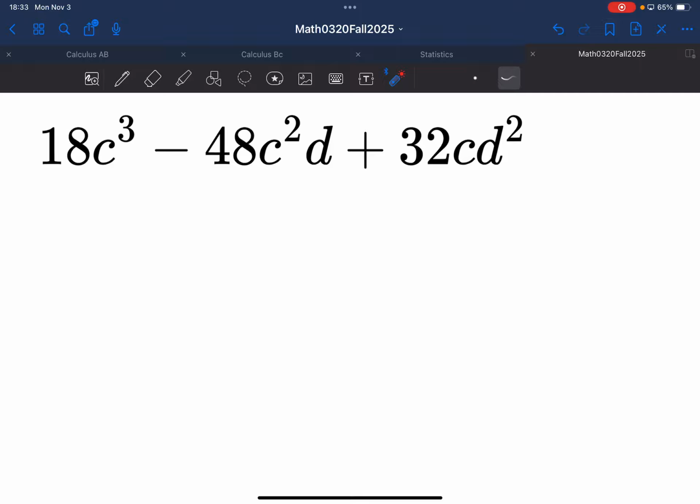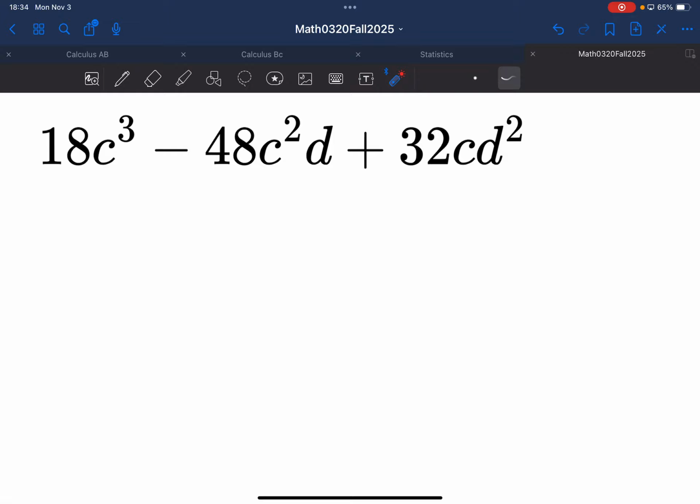Does 6? I don't think 6 works. Does 3 work? No, 3 does not work. So it might just be 2.